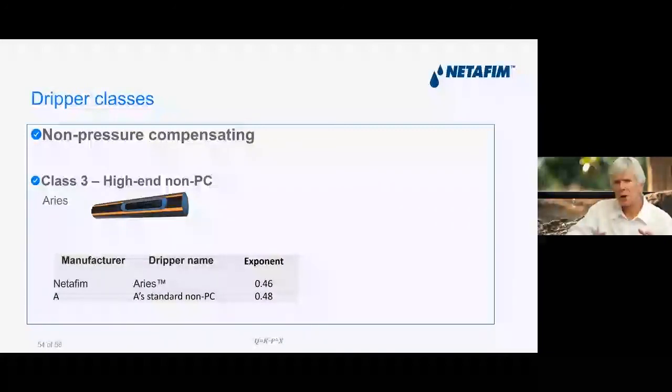There's no point in going through pressure compensating here when we look at the exponent, because the exponent is always 0. But with non-pressure compensating drippers, the Aries dripper has an exponent of 0.46, and our nearest competitor to that has an exponent of 0.48. So remember, the lower the value, the better.